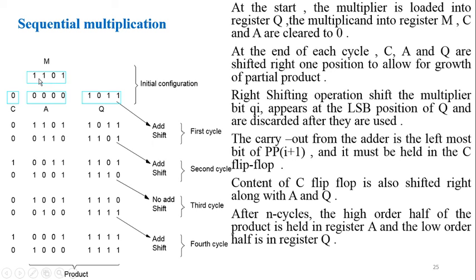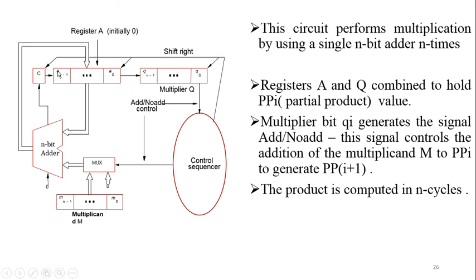How many times? Here we have a 4 bit multiplicand, 4 bit multiplier. So repeat the cycles 4 times and finally the AQ array combination generates the final product value.